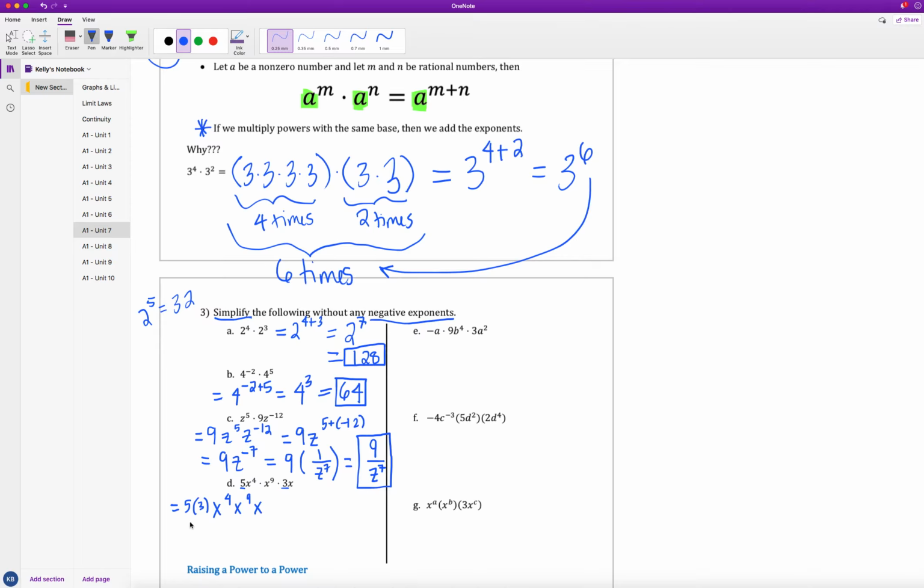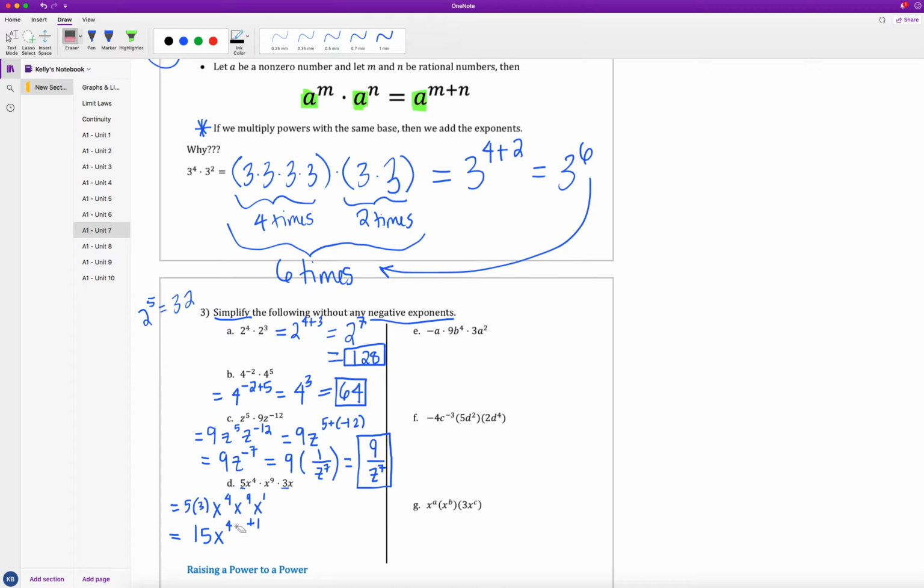From here, let's go ahead and simplify. So 5 times 3 I can multiply, and we know that's equal to 15. And then for my exponents, because I have the same base, they're all x's, I can go ahead and add those together. And I get x to the 4 plus 9 plus 1. Don't forget that an invisible 1 there is my exponent.